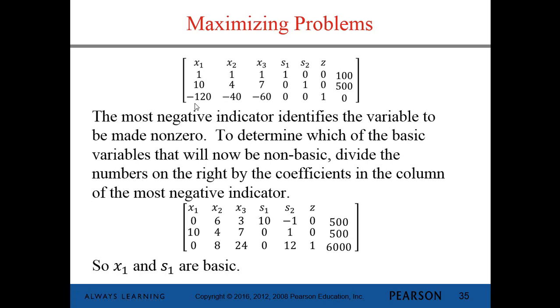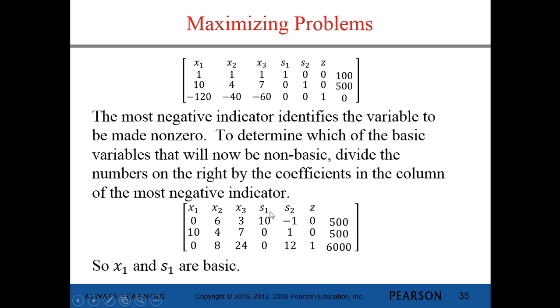Now once we use our elementary row operations to eliminate those two, we end up with this matrix. And notice that now these are 0. Now look at the rest of these. Notice that over here, these were the two slack variables, and they were both basic before. But now look, this one here has 10, 0, 0. So the only one that has a non-zero value is this one.